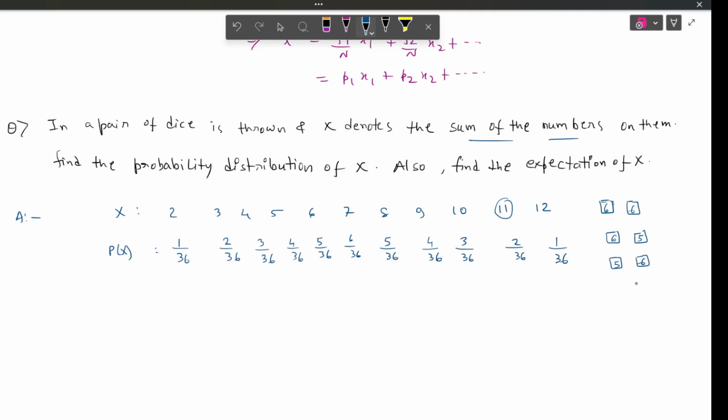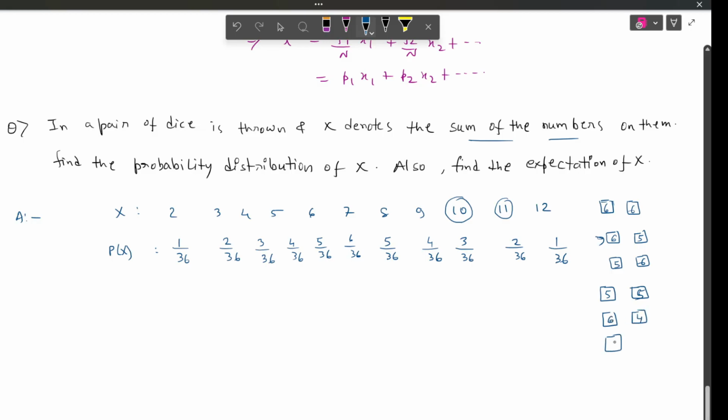You cannot get 7, 4, right? Because the maximum number is 6. So 6, 5 and 5, 6. So let's see sum 10. One is 5, 5, so sum is 10. 6, 4 and 4, 6. So in these three ways you can get sum 10. In all other cases you can find on your own.